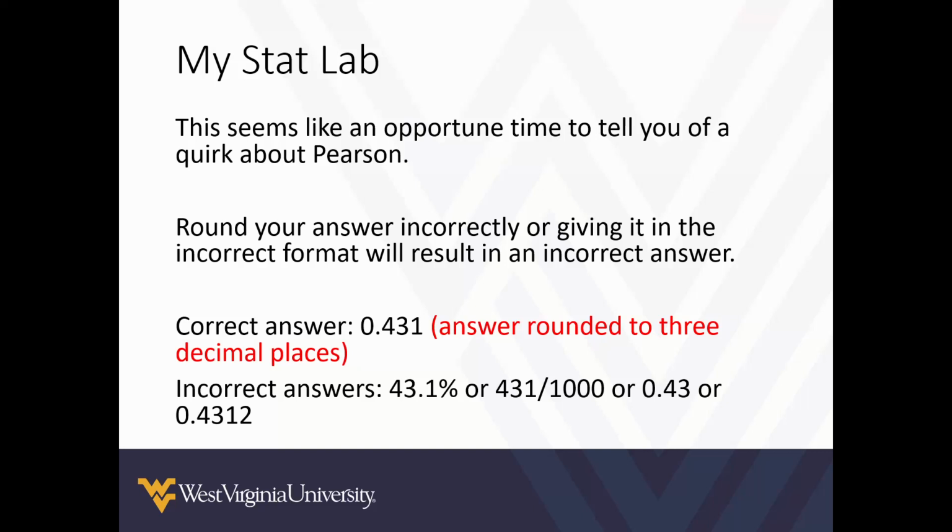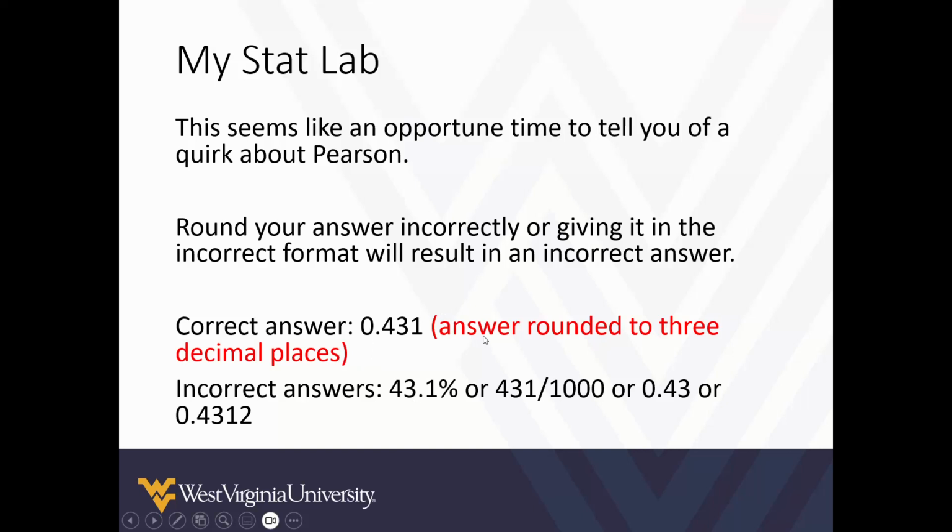And generally in Pearson, when you're doing a homework problem or a quiz or exam question, after the answer there'll be a parentheses, and a lot of times it is in red, and it'll say, round to 3 decimal places, or round to the nearest whole number, or write as a simplified fraction. It'll tell you the format your answer should be given in.